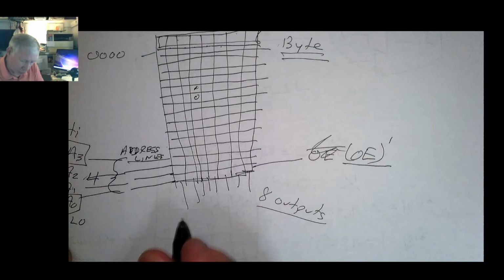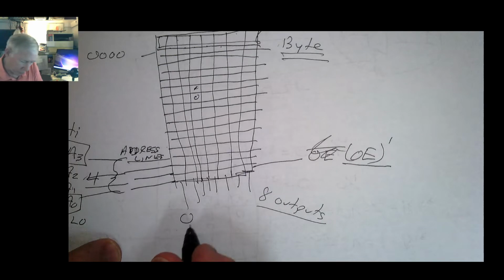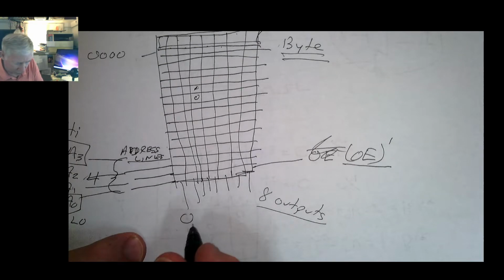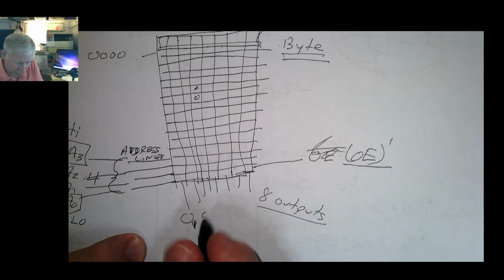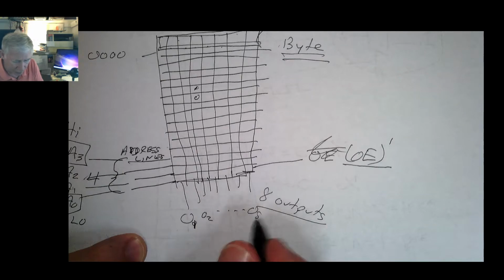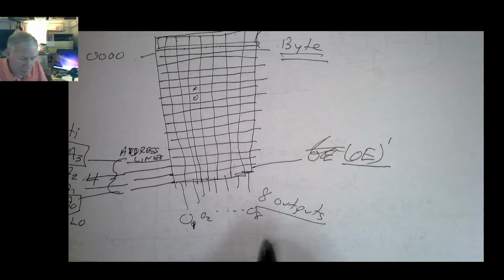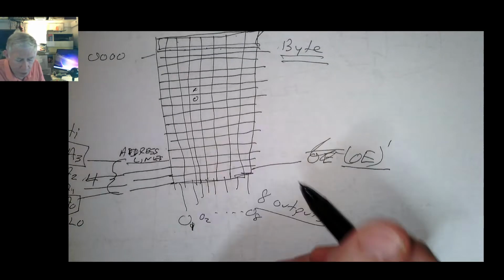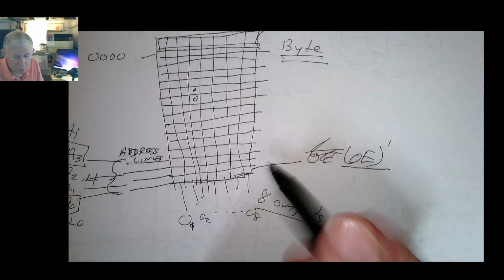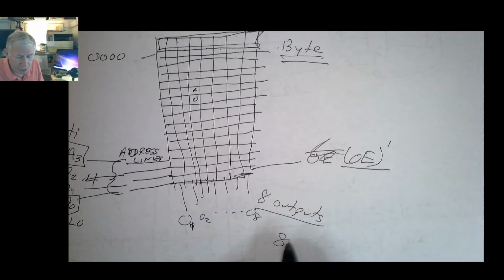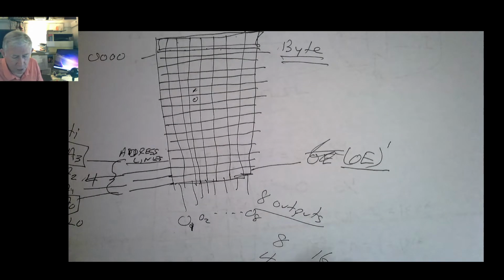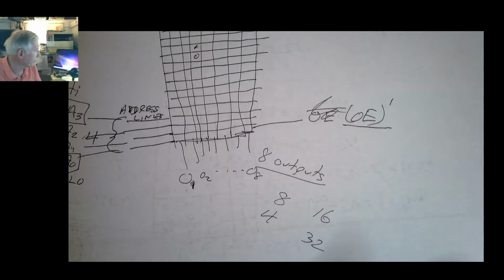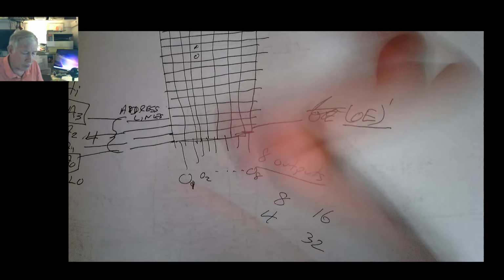And sometimes they'll start with output 0, but frequently for some reason they start with output 1, 2, and so forth to output 8 in this case. And oftentimes you will see a byte. You usually do see 8 bits, maybe 4 bits, maybe 16 bits, rarely 32 bits. Those are typically the numbers of columns that they'll have.